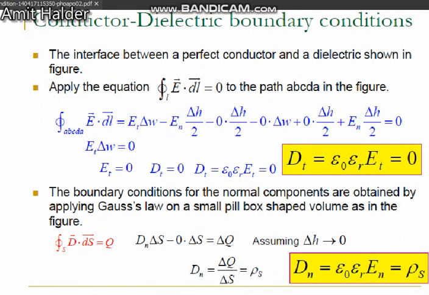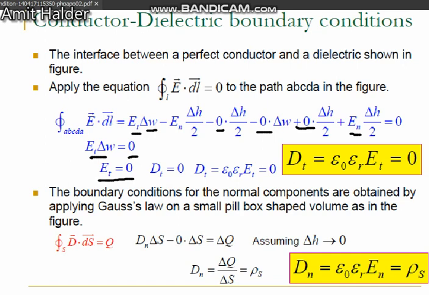So, the same equation as we derived before, just there is no E2t and E2n, all those are 0. Only Et del W remains, so Et del W is equal to 0, that means Et is equal to 0, that means the tangential component of the electric field is equal to 0.